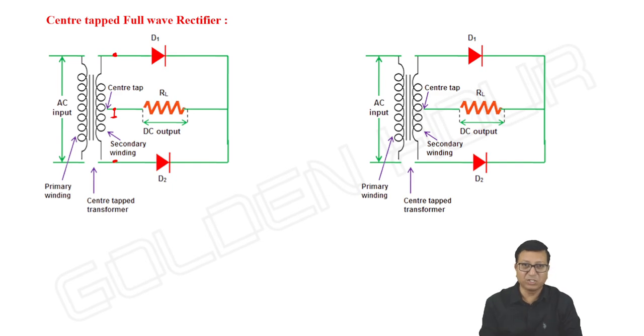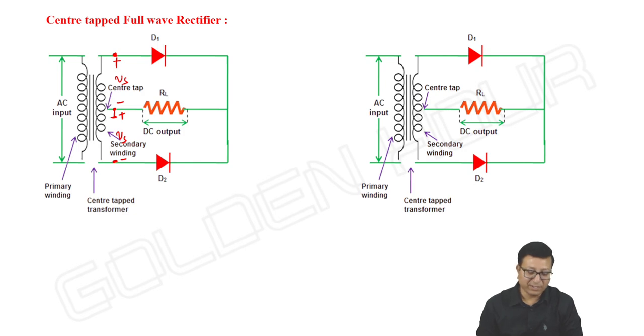Then why did I write two circuits? There are two notations we generally follow. In the first notation, I take this voltage as Vs, and this is also Vs, two equal halves.